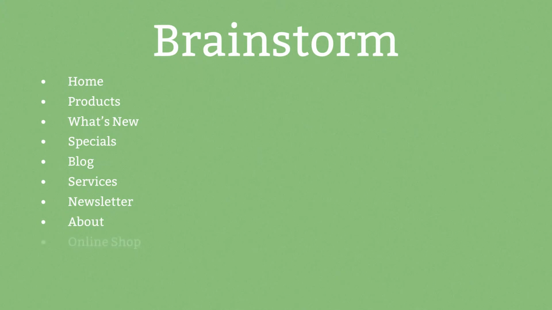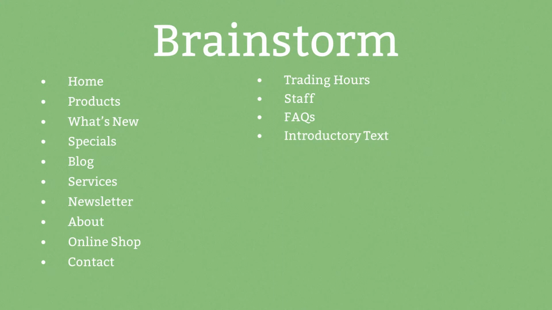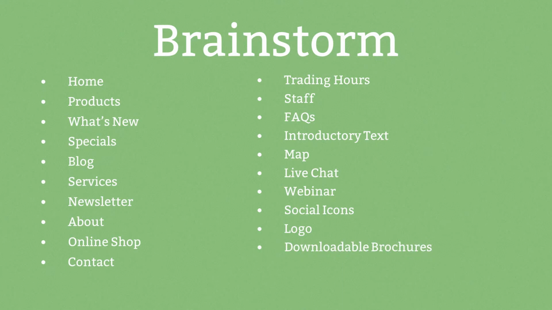Returning to the fictitious computer store that I introduced in the previous lesson, let's say that the staff got together to brainstorm a list of potential elements for their website and came up with the following: Home, Products, What's New, Specials, Blog, Services, Newsletter, About, Online Shop, Contact, Trading Hours, Staff, FAQs, Introductory Text, Map, Live Chat, Webinar, Social Icons, Logo, Downloadable Brochures, and Phone Number.